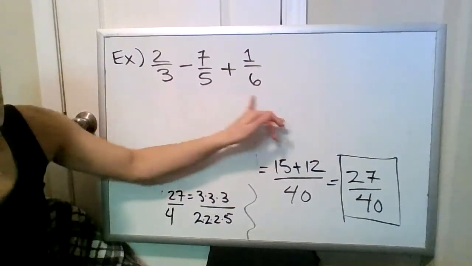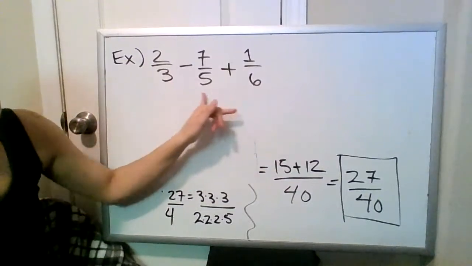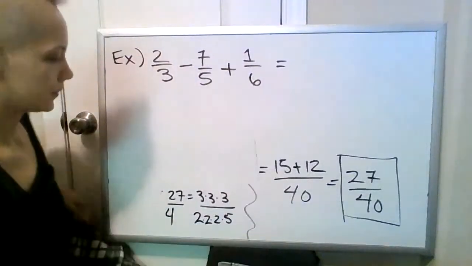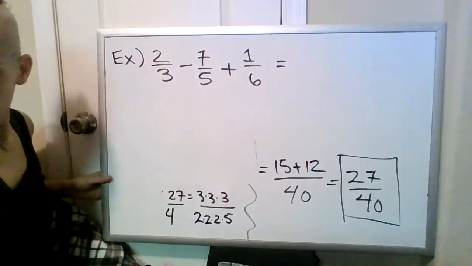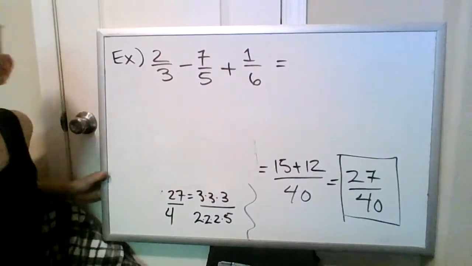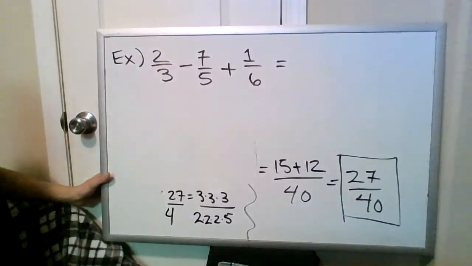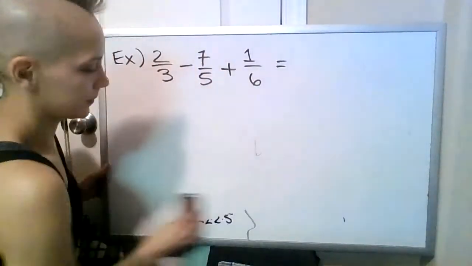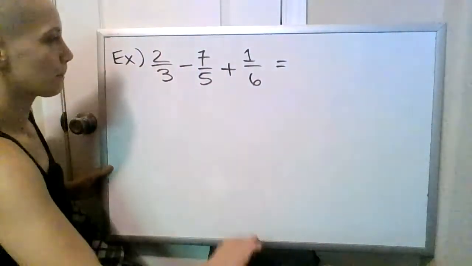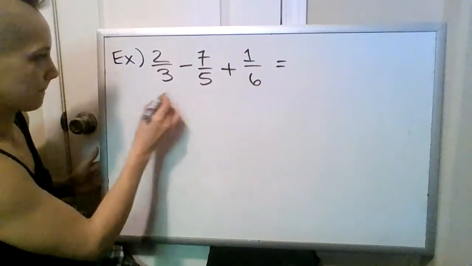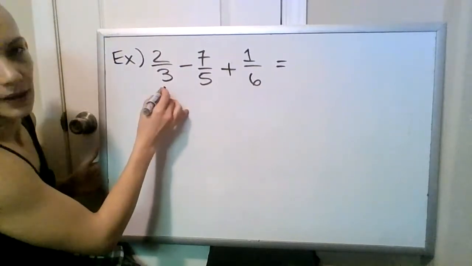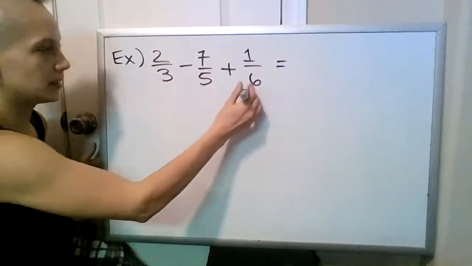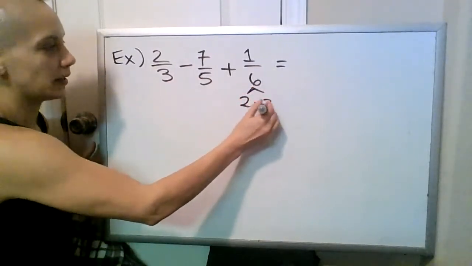Okay, so we're going to need a common denominator for all of the 3 terms. Let's factor each denominator. 3 is factored, 5 is factored. 6 would be 2 times 3.